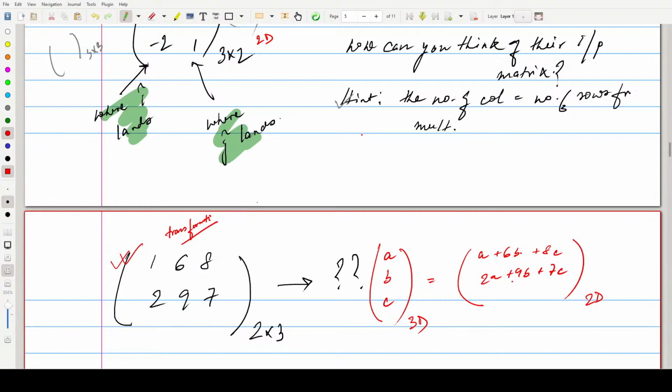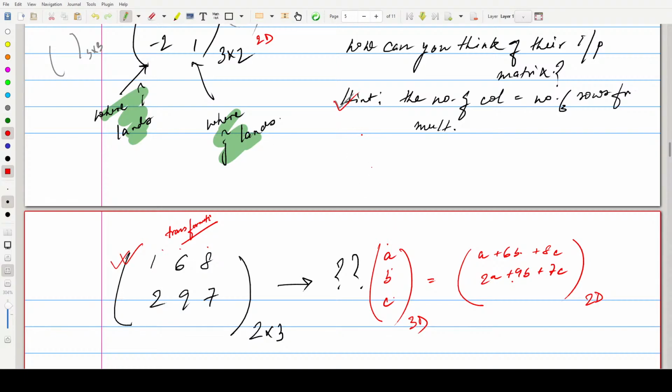And we're going to plug some vector in, and we don't know what that vector is, but there's a hint, right? So here's a hint that the number of columns is equal to the number of rows for vector or matrix multiplication. So we have 3 columns, and this is going to be equal to the number of rows. So we're going to need a three-dimensional vector.